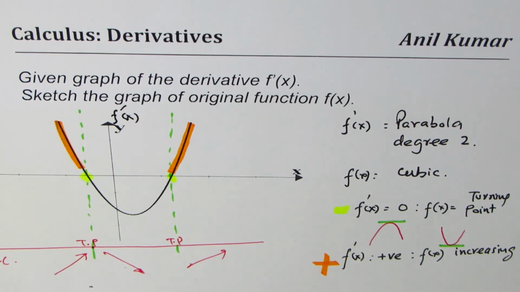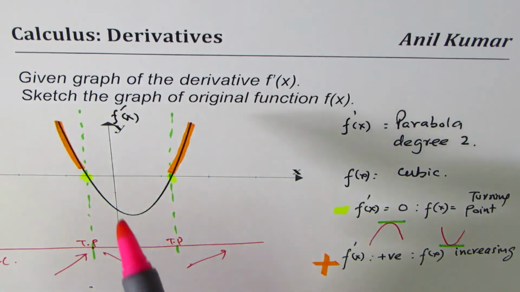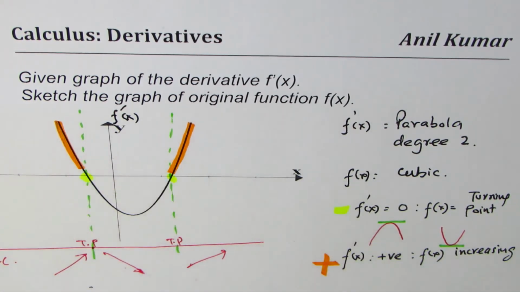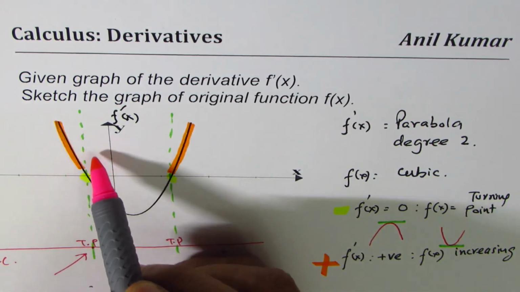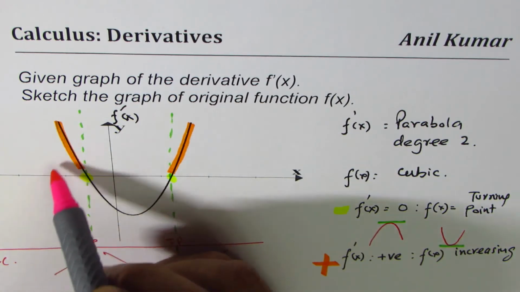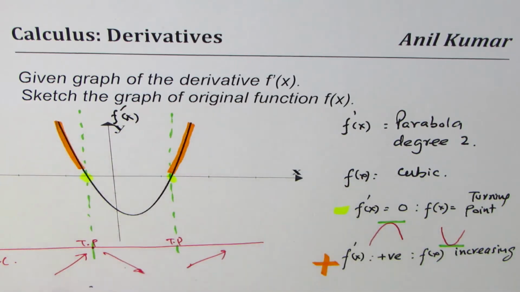So I hope you guessed now how the graph could be. It doesn't matter whether the function is positive or negative, but increasing is kind of important. So the function could be increasing and then turn. If the function is increasing and turns, that means we have a local maximum here.